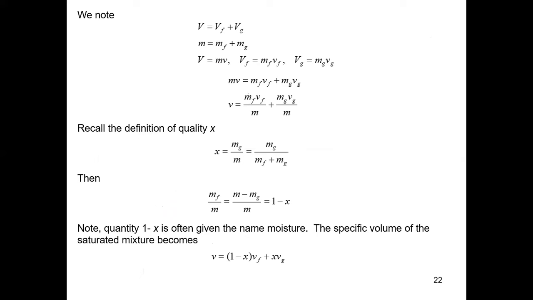If you divide by mass all through, you get the definition of x as mg divided by mf plus mg. mf divided by m is m minus mg divided by m, which is 1 minus x. Note the quantity 1 minus x is often given the name moisture. The specific volume of a saturated mixture becomes v is equal to 1 minus x, the moisture, times vf plus x vg.